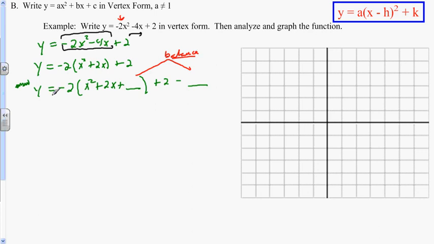Now how do we complete the square? Well, we take our x term, divide by 2, square it, and again we get 1.